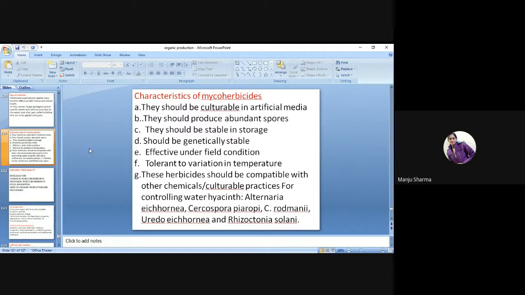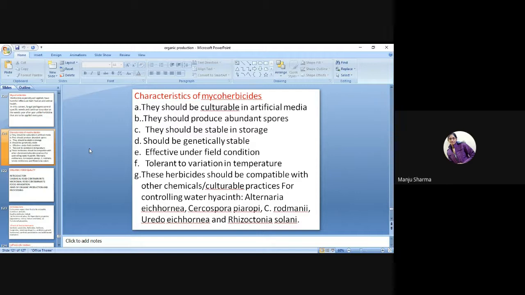Alternaria, Ecoremia, Cercospora, Rodmani, and Rhizoctonia solani. Mycoherbicide, myco means fungus.